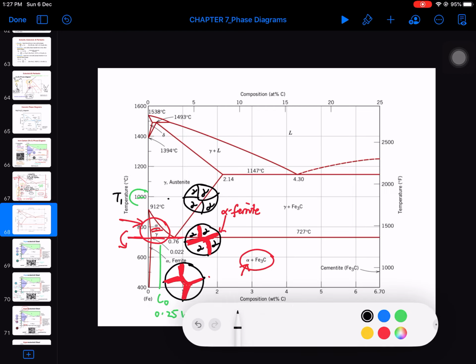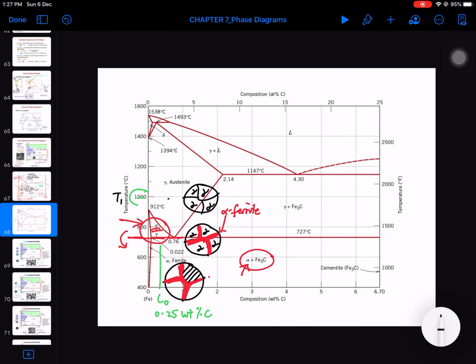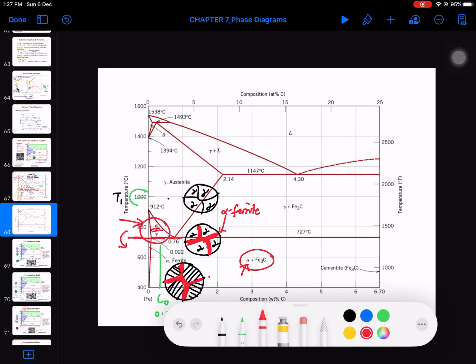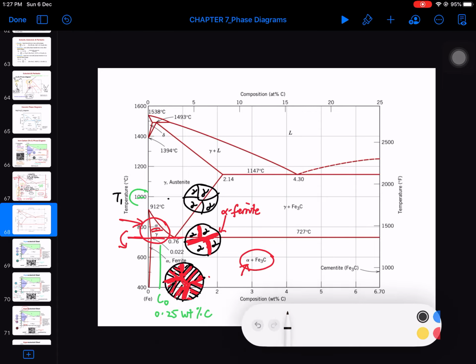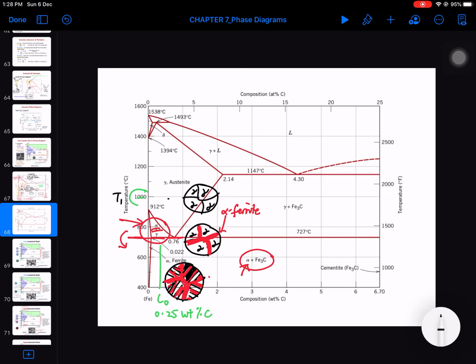This is how it looks like, an alternate layer of alpha ferrite and cementite. If we want to give some colors to it, the yellow, the red one, represents the alpha ferrite, and the black one represents the cementite.